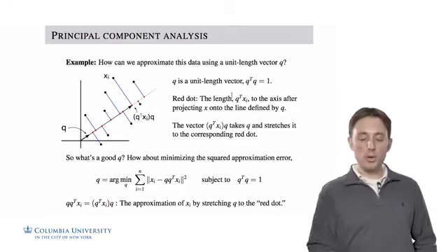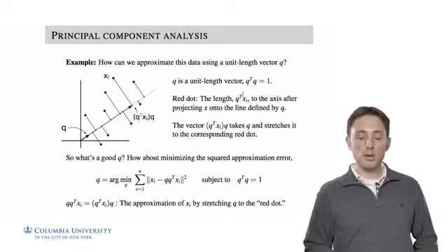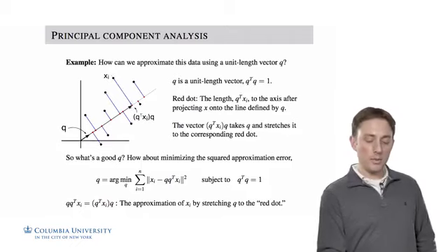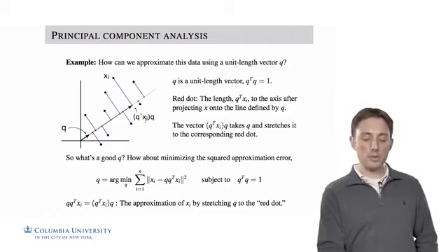And now if we wanted to know what this dot product of this unit vector q with xi represents, that represents the length from this origin to the red dot here. So if we want to know the length from the origin to the red dot that I get by dropping this point x perpendicular to this line defined by q, that length is equal to q transpose times xi.